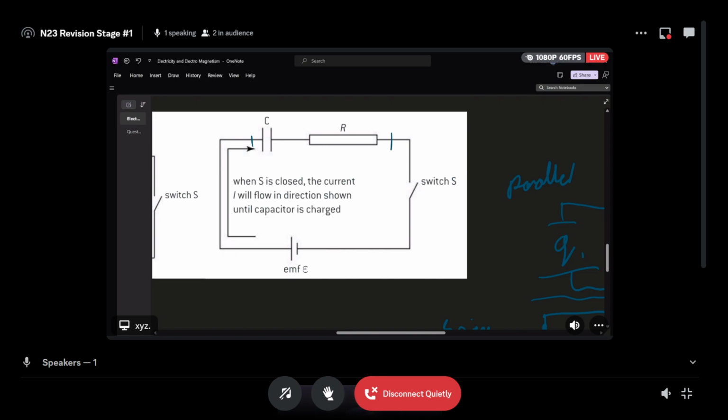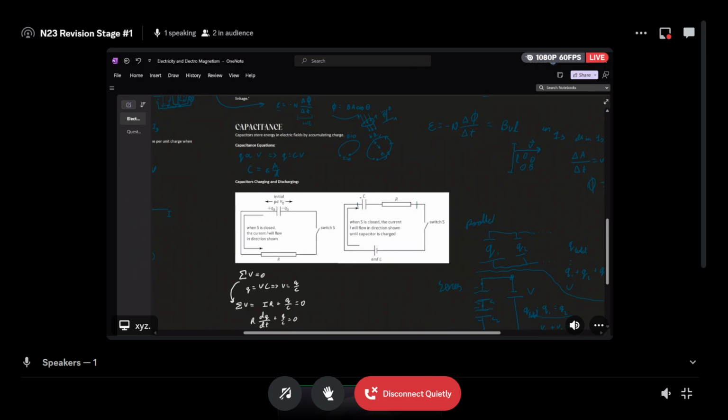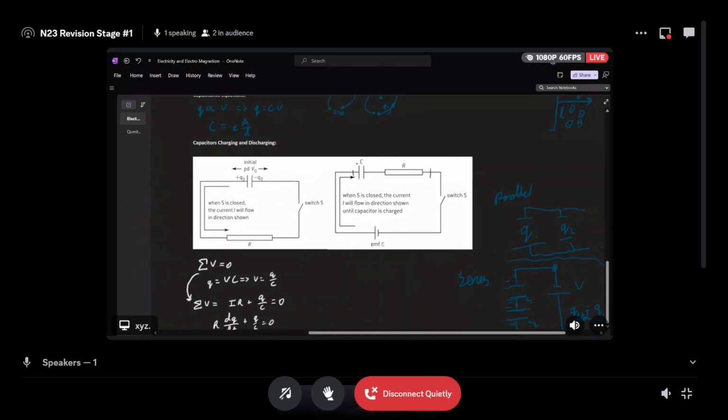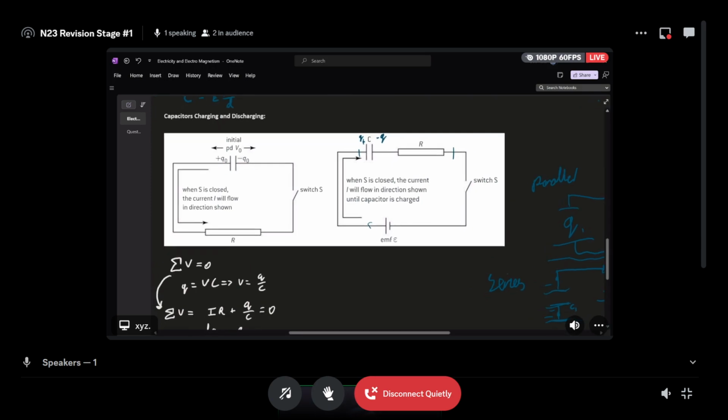And what that means is that charge will be stored. Positive charge will be stored. So conventional current is flowing this way, so positive charge will be stored here, and negative charge will be stored here.